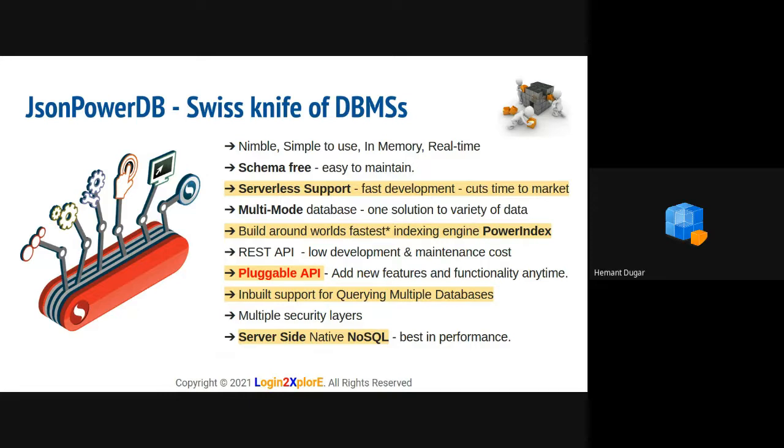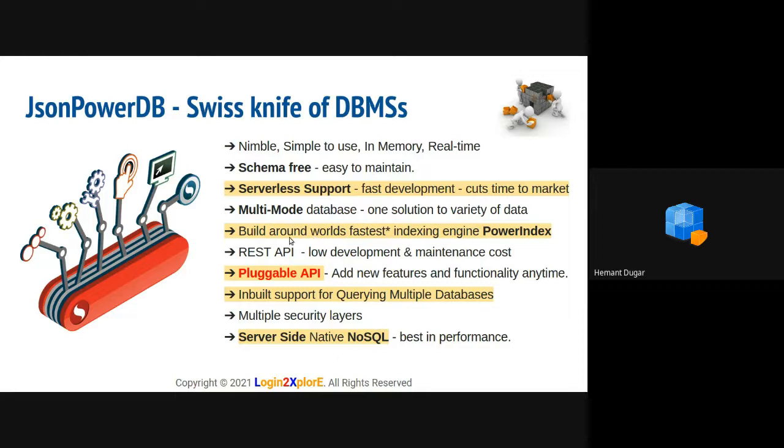So the complete database is a pure JSON database where every request, every response is JSON, and every piece of data is stored in JSON format. So why multi-model? Because it's document oriented, it is an RDBMS. It also has key-value pair database features, time series database features, as well as geospatial database APIs.